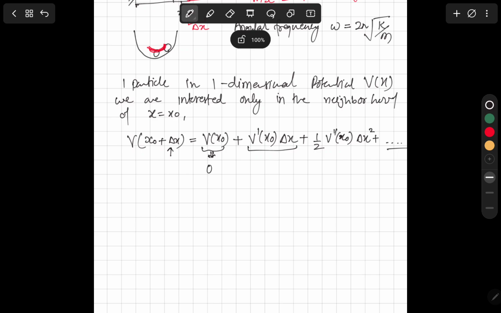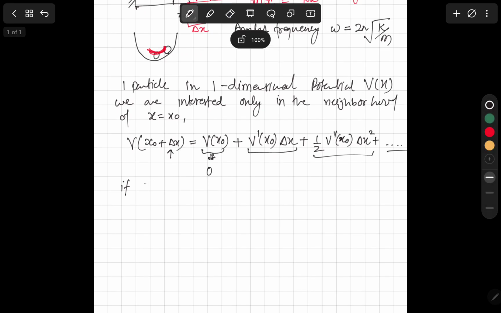Second, we have V dash of x naught and V double dash of x naught. But let's say x equal to x naught is an equilibrium point. What do we mean by an equilibrium point? At the equilibrium point, the net force on the system is 0.